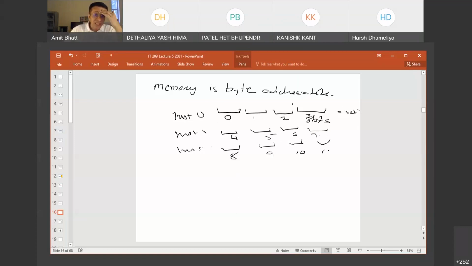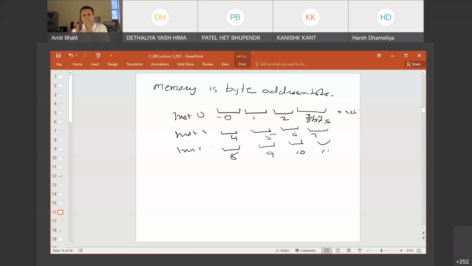Now, what happens here is that instruction number 0 would start with address 0000. So you would only refer to address 0. Get me a word or get me an instruction from 0000. That means it knows that it does not only have to bring this, but bring others also.